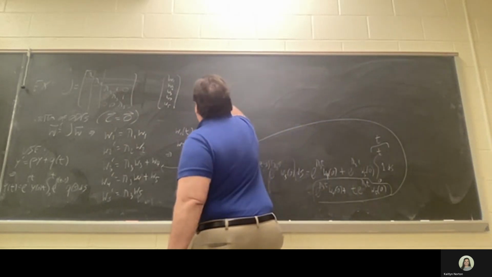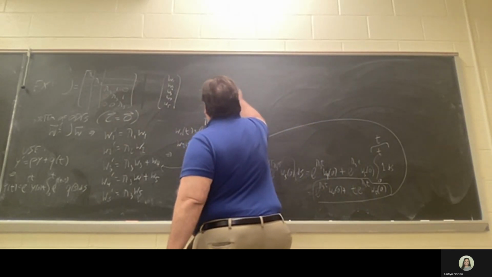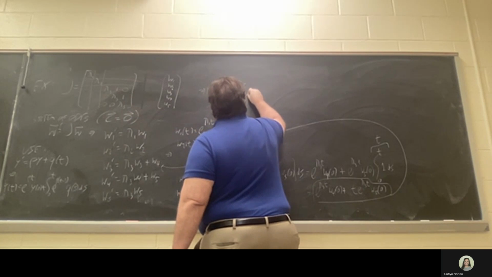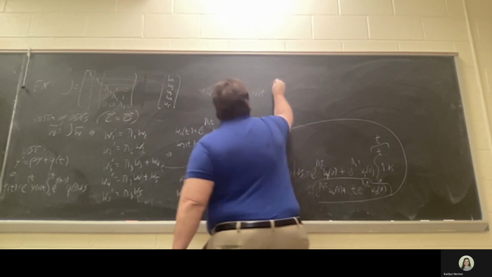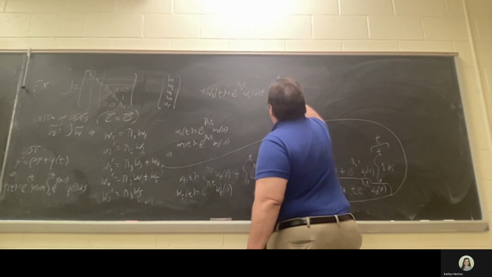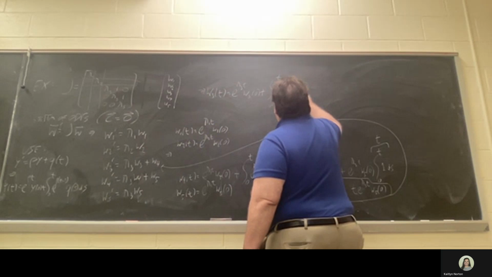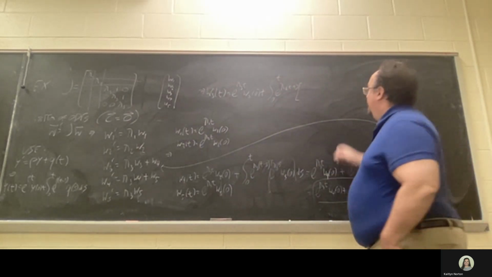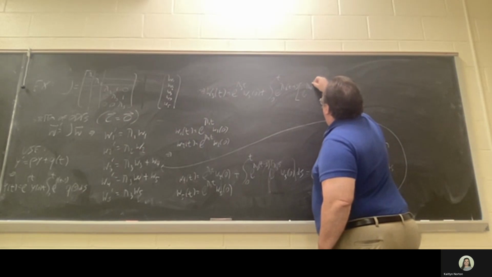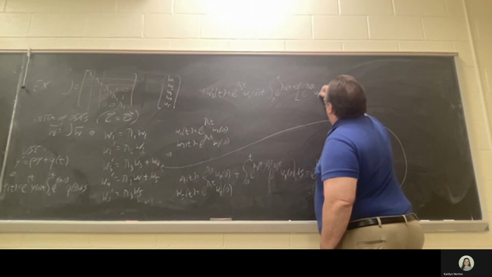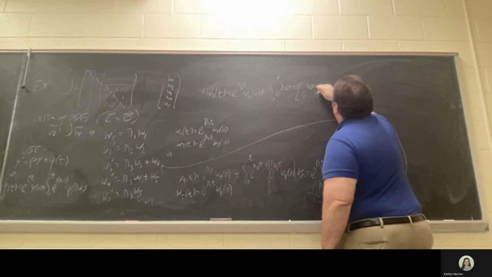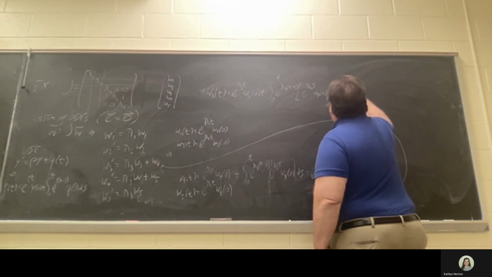All right. So w3 of t will be e to the lambda 3t w3 of 0 plus the integral of e to the lambda 3 t minus s times all of w4. That's evaluated at s, you gotta be careful about that.